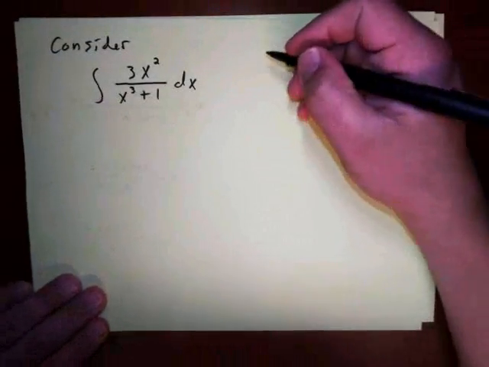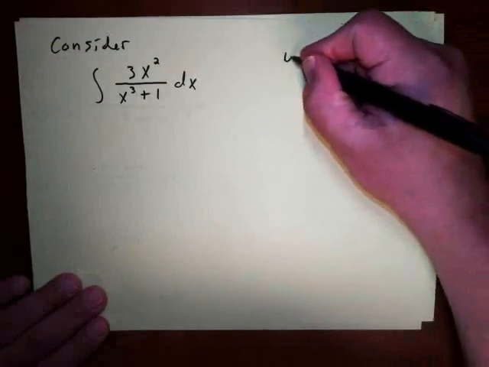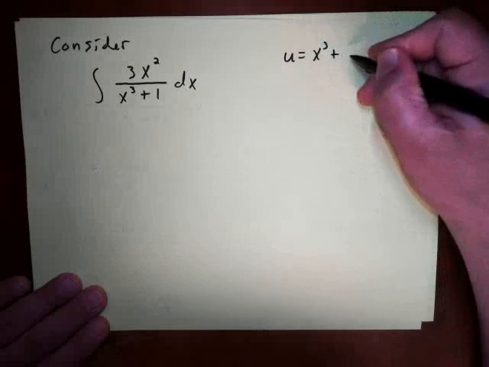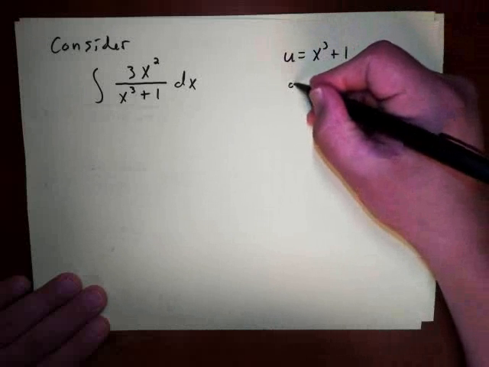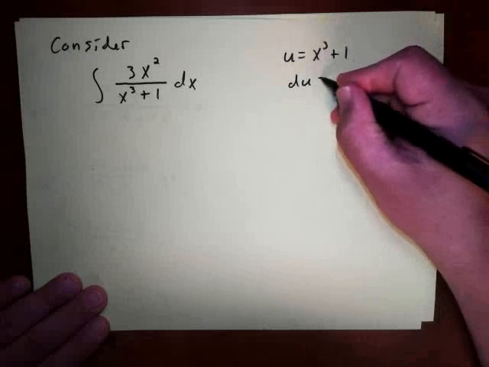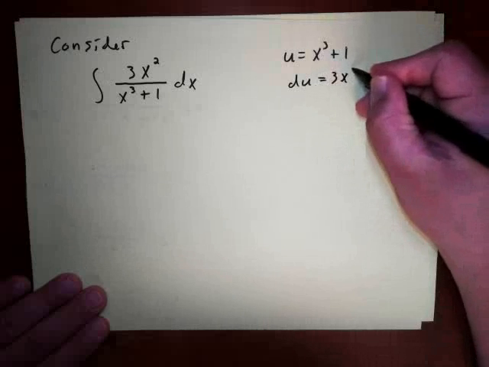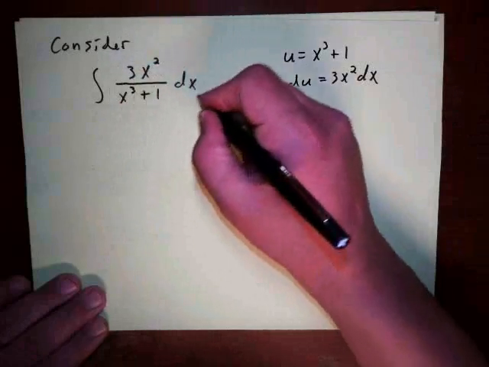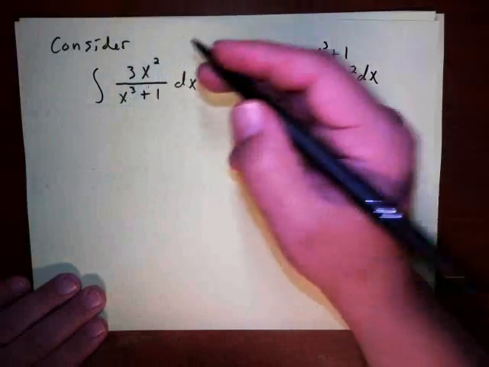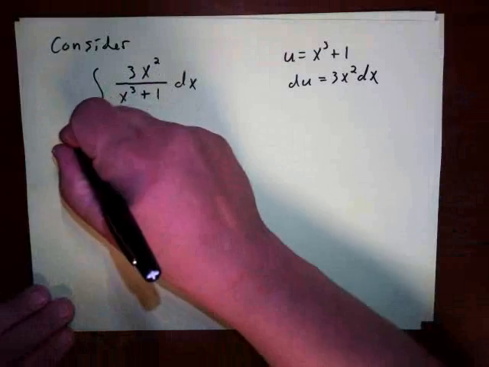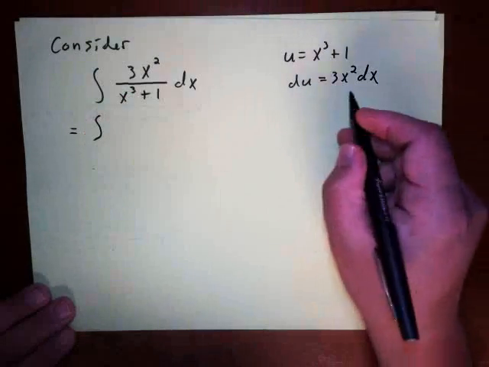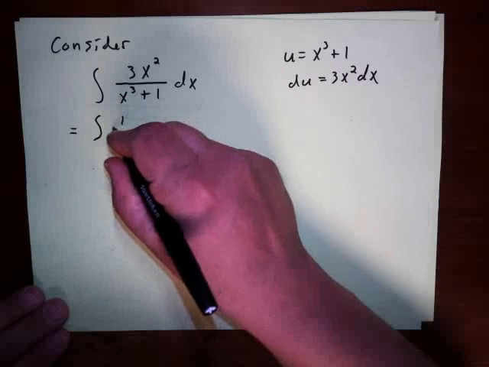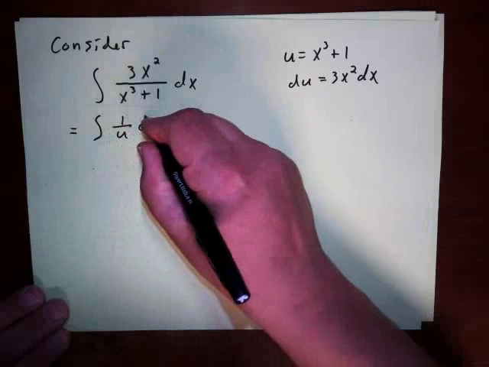And so you could let u equal x cubed plus 1. And so your du in this case would be 3x squared dx. And so there's your 3x squared dx. And you'd put a u down there, and so this would just equal, just substituting things in, you would get 1 over u du.